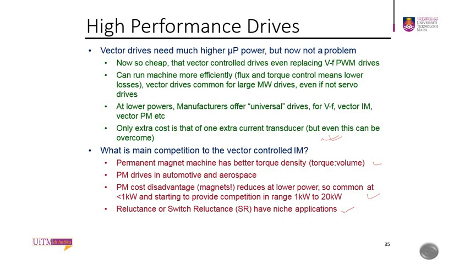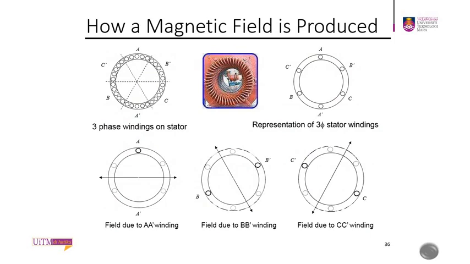So let's look into vector control. Before we go for vector control, we will look into how the magnetic field is produced. By the way, I will post a very interesting video on how the magnetic field is produced.